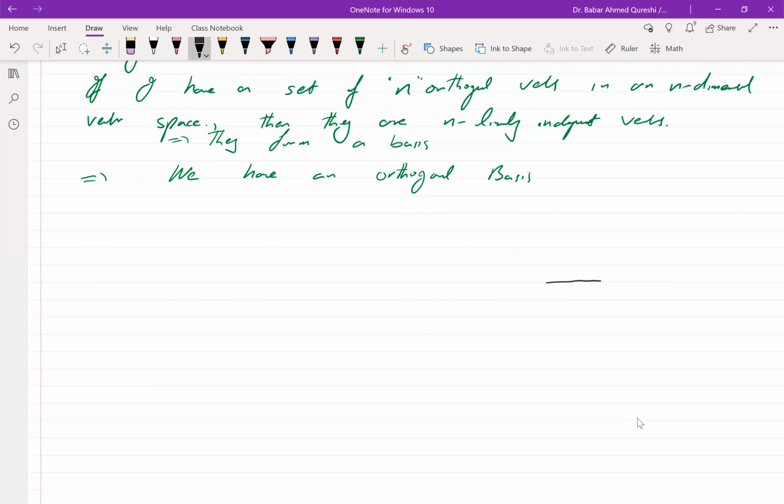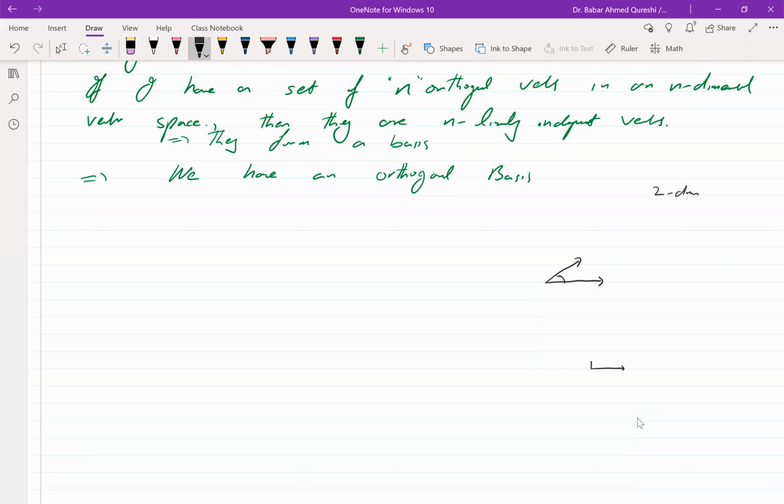Pictorially, if I'm in R2, I know that these two vectors form a basis because I'm in R2, it's two-dimensional, and these two are linearly independent. But they're not orthogonal, because the scalar product is not 0. There's a certain angle which is not 90.